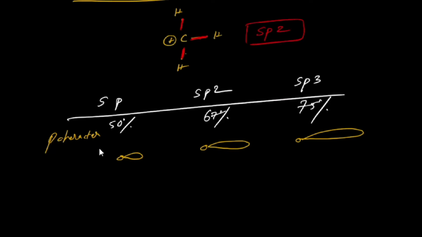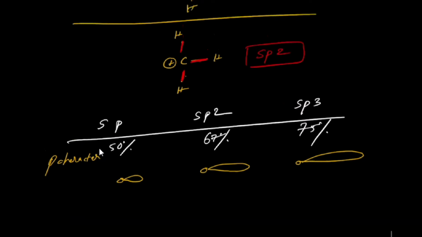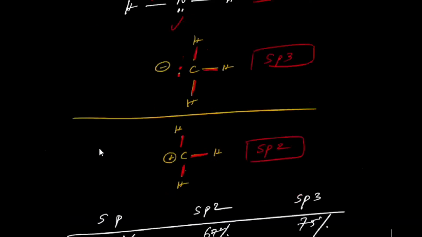There resonance is involved, and we look at the localization, whether electrons are localized or delocalized, whether to count them or not to count them. That topic comes later. But for now, you have to be able to calculate the hybridizations of these simple molecules. Okay.